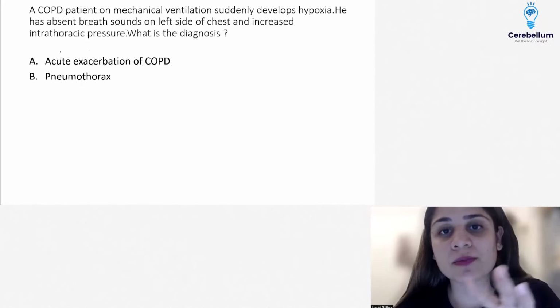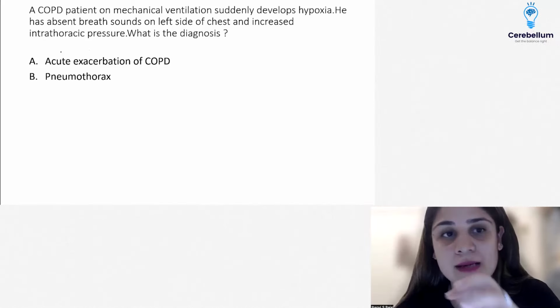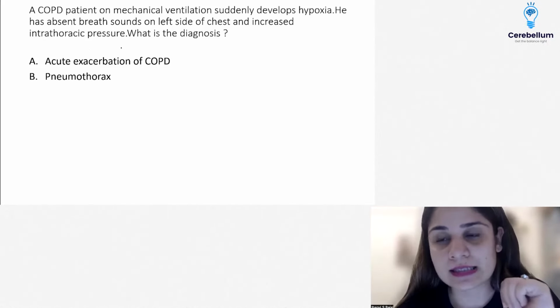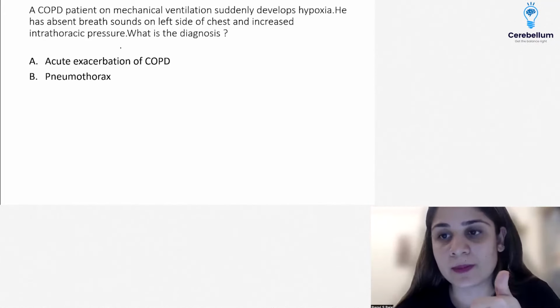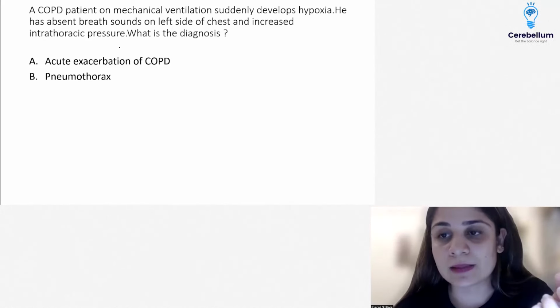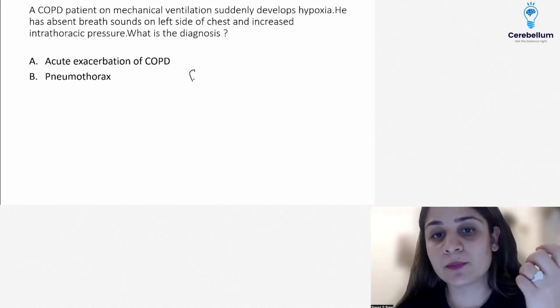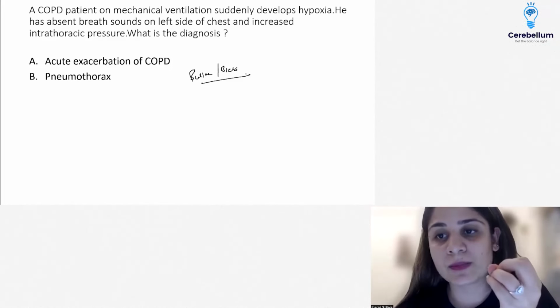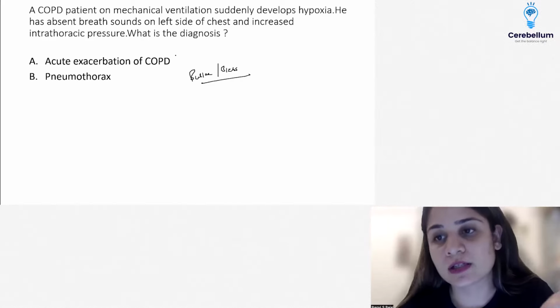A COPD patient on mechanical ventilation suddenly develops hypoxia. He has absent breath sounds on the left side of the chest and increased intrathoracic pressure. What is the diagnosis? Okay, so this is a COPD patient. When you put him on the ventilator, in COPD, because of the underlying pathology, you are prone to develop bullae or blebs. And whenever we put them on positive pressure ventilation, these bullae or blebs can just rupture and end up causing a pneumothorax.